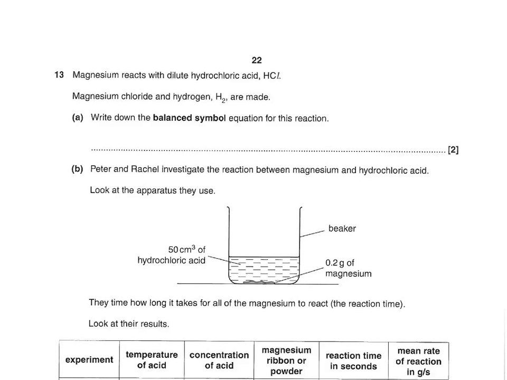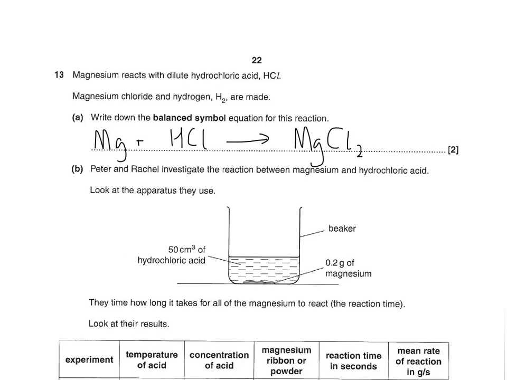Next question is to write a balanced symbol equation for the reaction explained here. So it says magnesium reacts with dilute hydrochloric acid, and magnesium chloride and hydrogen are made. There's 2 marks here. The first mark is for writing out the symbols. So magnesium is a reactant and HCl, hydrochloric acid, is a reactant, and it tells you that magnesium chloride and hydrogen are made.